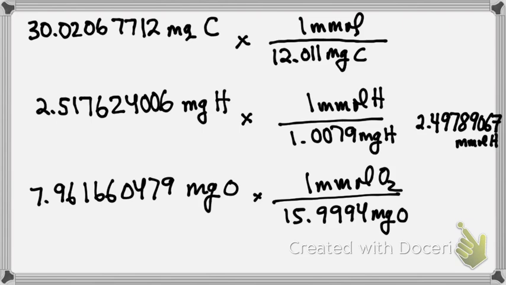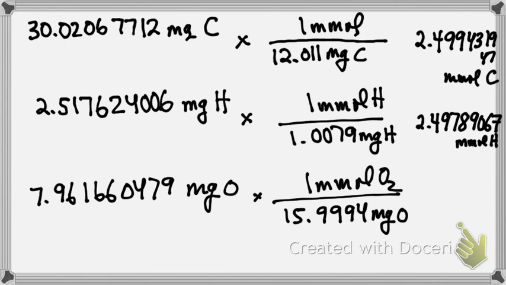For carbon, I get 2.49943147 millimoles of carbon. Notice that's basically the same number of millimoles of hydrogen that I have.